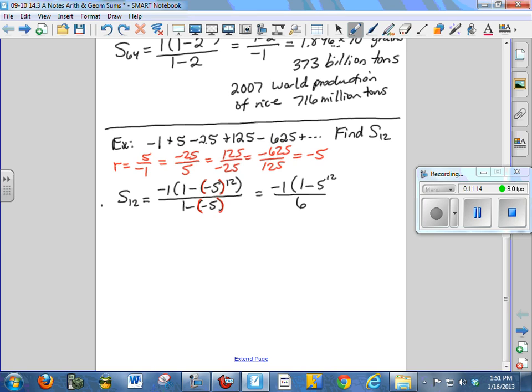Then 1 minus 5 to the 12th is a very large negative number. You multiply it by negative 1, it becomes a very large positive number. You divide it by 6, you get a positive number.